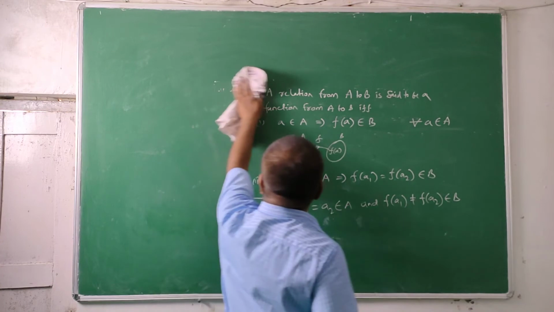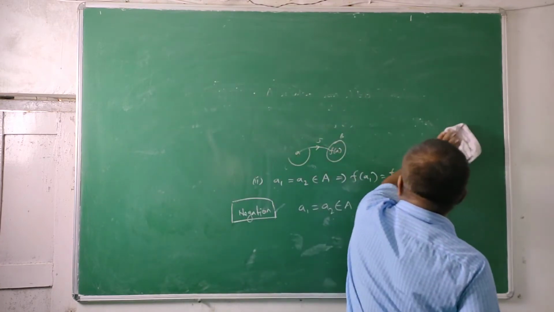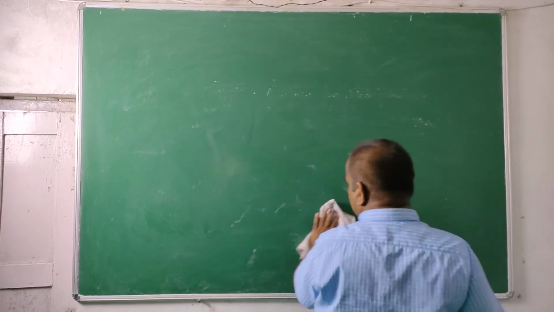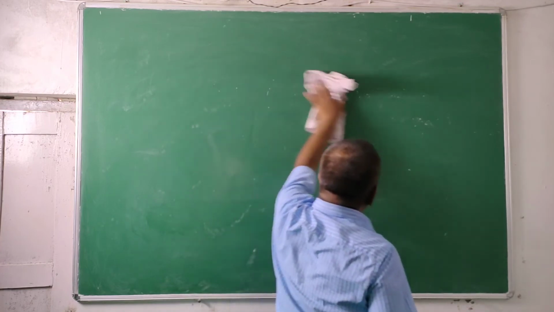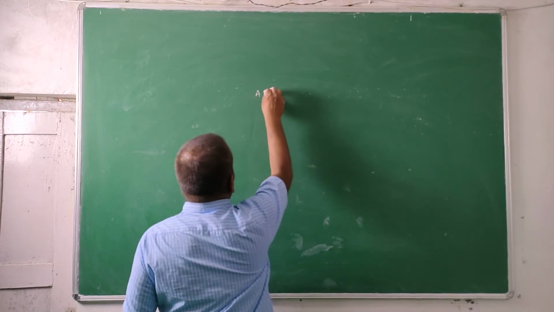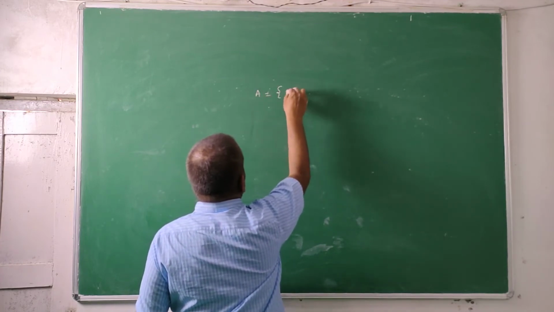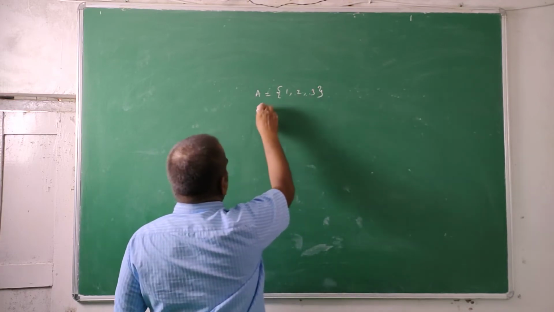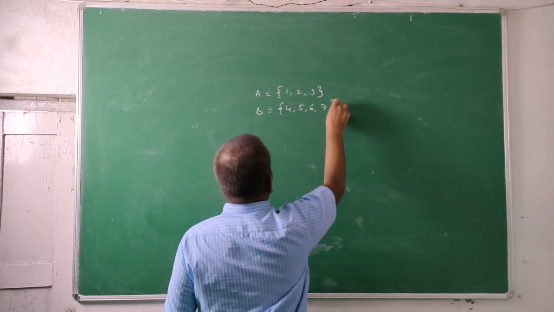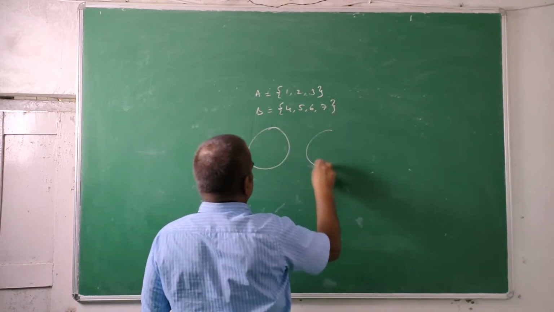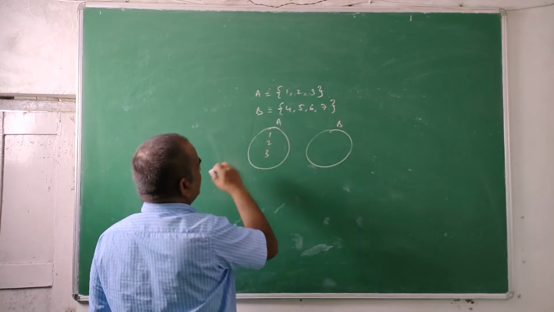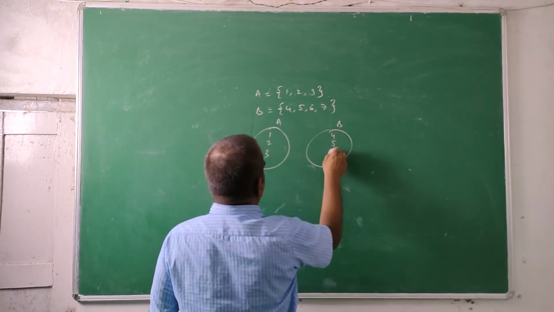So now here you see I am taking arrow diagrams for various relations from A to B, where A is equal, say for a moment, to 1, 2, 3, and B is equal to 4, 5, 6, 7. Only for example I am taking this. Say A, B, arrow diagrams, I am taking 1, 2, 3, 4, 5, 6, 7.